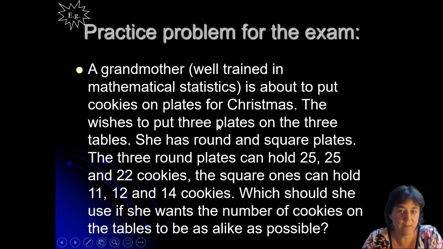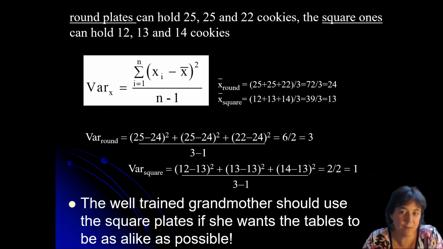This is what the plates can hold as far as the number of cookies is concerned. So should she choose the square or the round plates? And this is your solution: she should use the square plates because they have less variability.